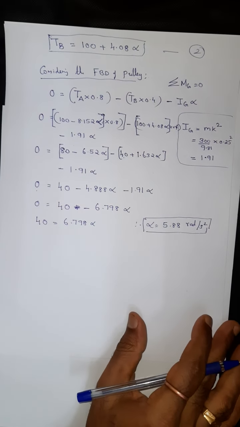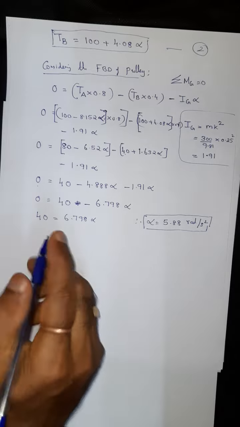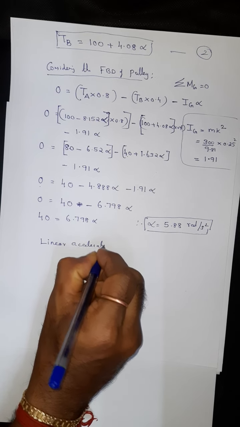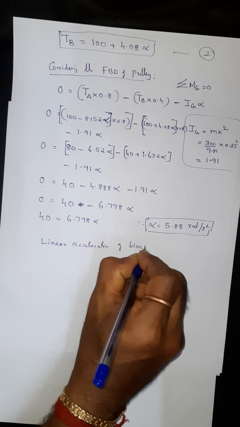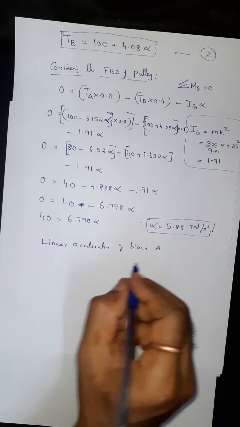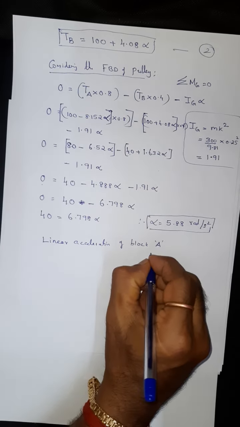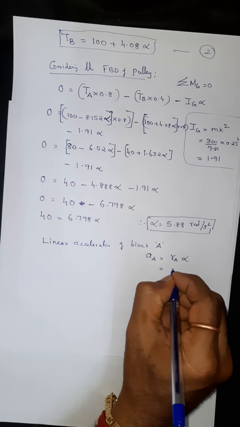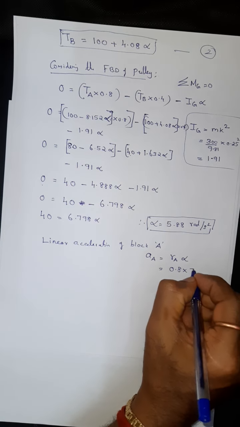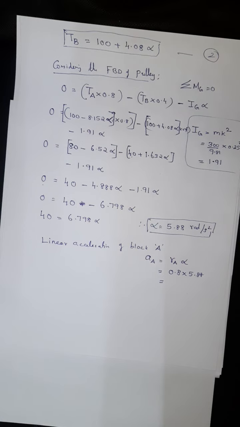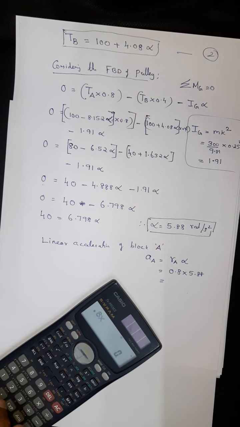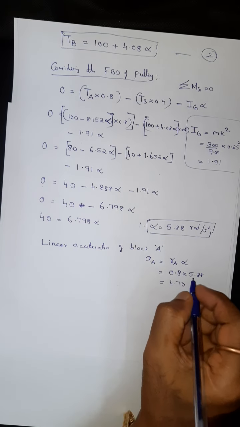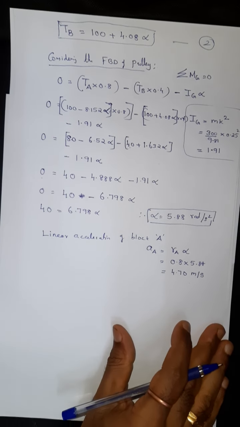As you know the relation between the linear acceleration and angular acceleration, the linear acceleration of block A, that is AA, equals RA into alpha. RA is 0.8, alpha is 5.88, so 0.8 into 5.88 works out to 4.7 meters per second square.